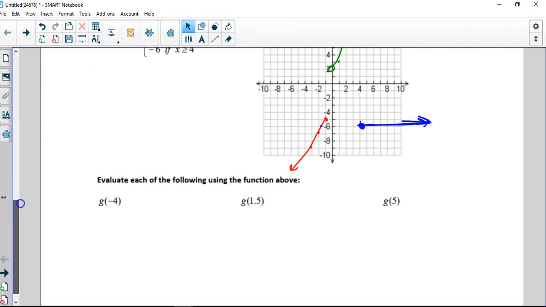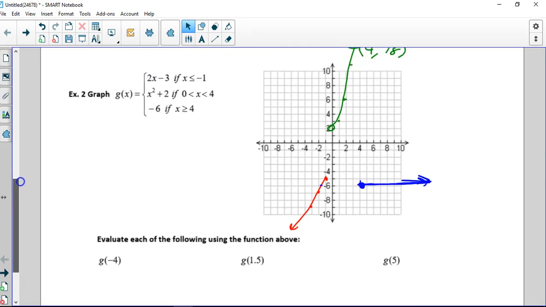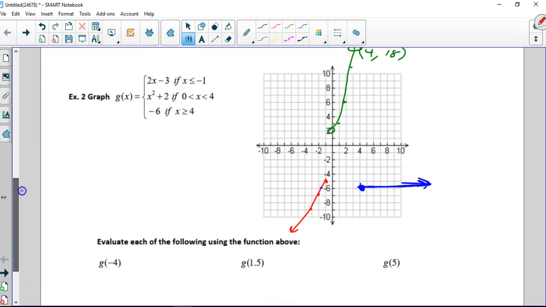Now it says evaluate each of the following using the function above. So g of -4. So if we plug in -4, which is right here, what do we end up with? Okay, so obviously it's not going to hit the parabola.